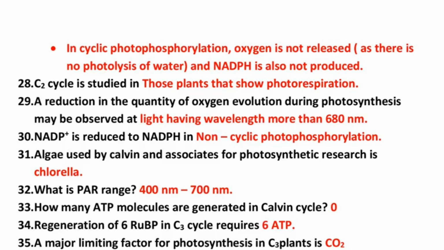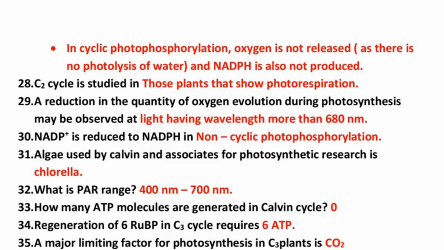Question number 28. C2 cycle is studied in those plants that show photorespiration. 29. A reduction in the quantity of oxygen evolution during photosynthesis may be observed at light having wavelength more than 680 nanometer. Question number 30.